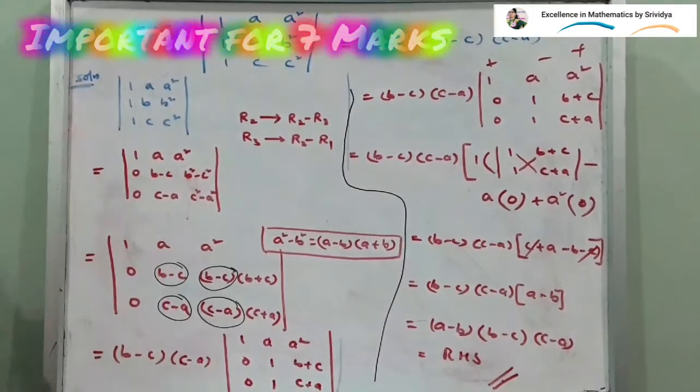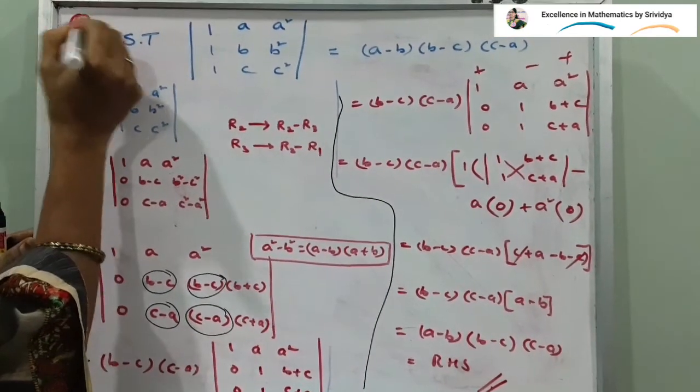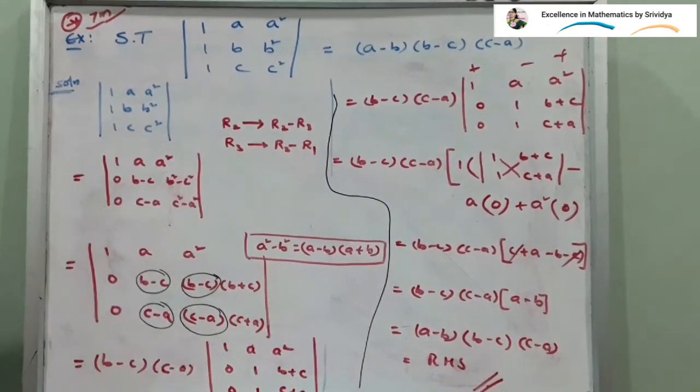Hence proved, LHS equals RHS. It's important for 7 marks. Long answer type question.